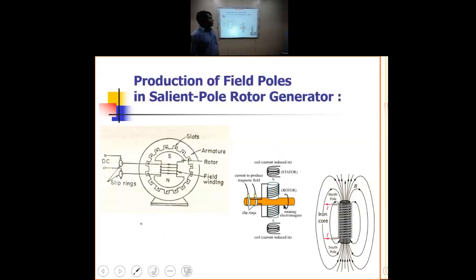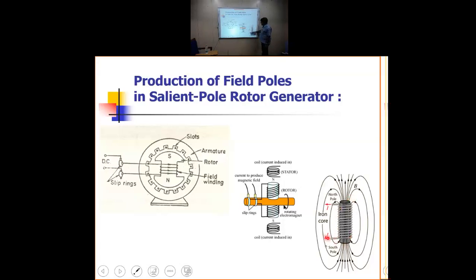Now coming to salient pole, it is very easy. Just as in a plain solenoid, what is done? In a plain solenoid, you just keep a magnetic material at the axial position and let the current flow. Just see this structure.